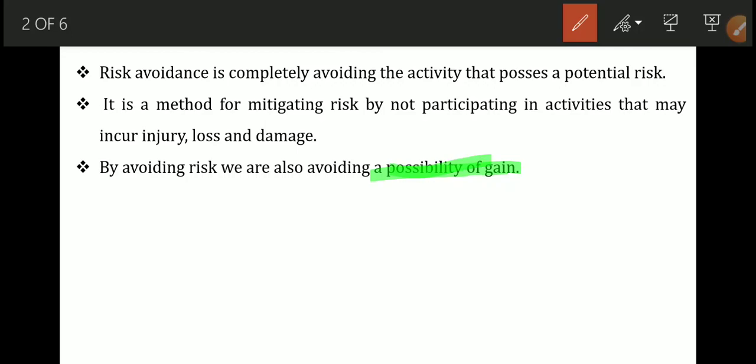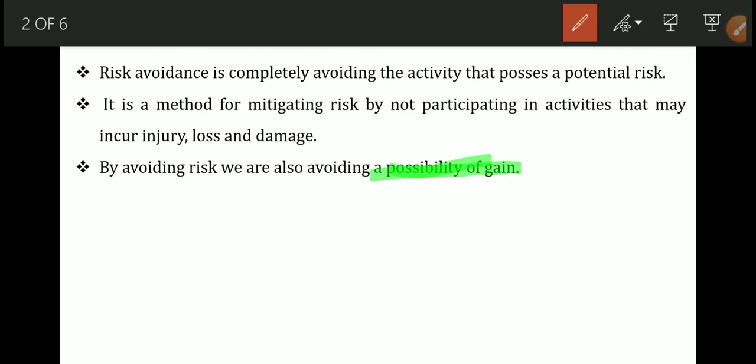How are we avoiding the possibility of gain? In all activities there is a risk. If you want to get a gain, if you want to earn a profit on an activity, definitely you should face certain risk involved in that activity.